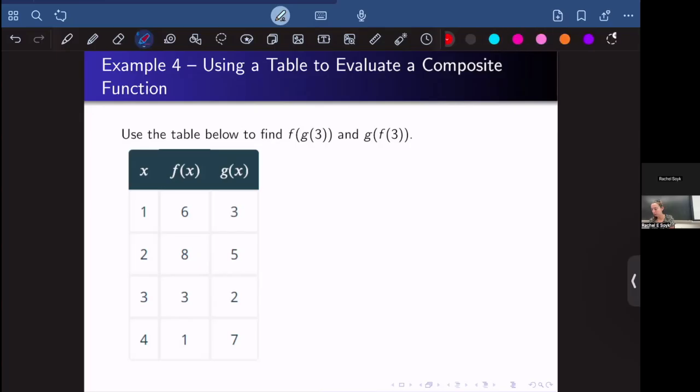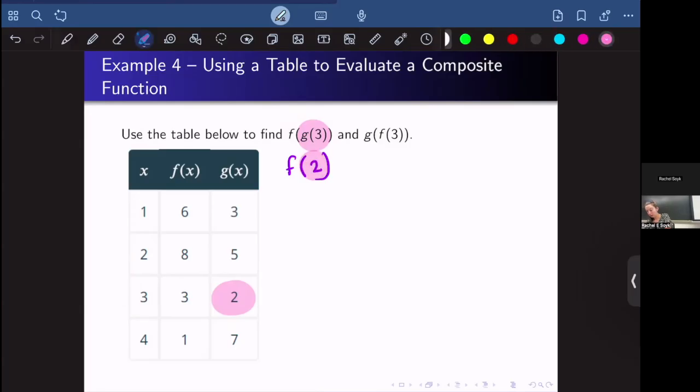So the first part, we want to find f of g at 3. So again, look at that inner part. When x is 3, our g of 3 gives us 2. So let me color code this a little bit more properly. So we're looking at f of 2 now.